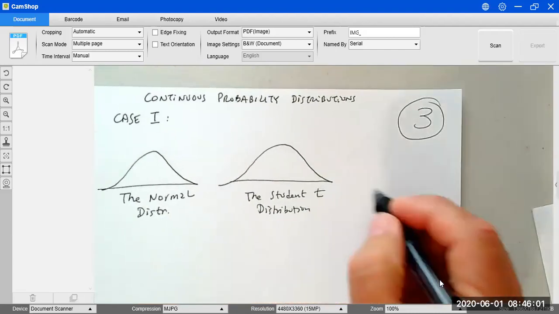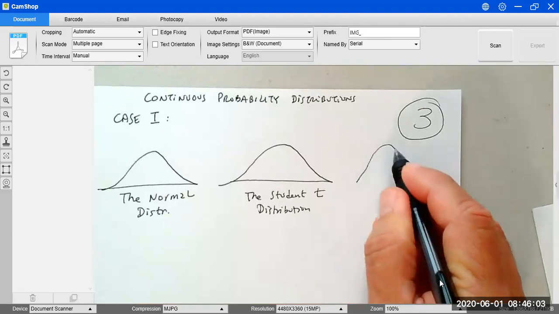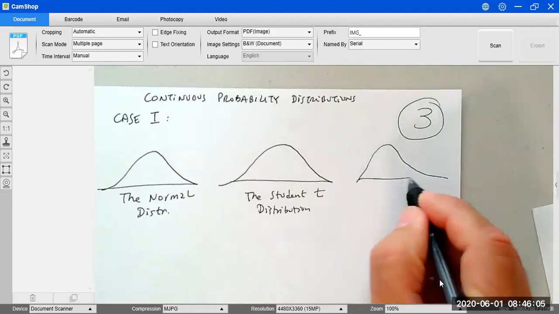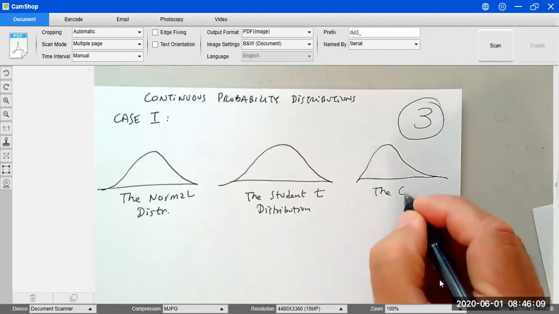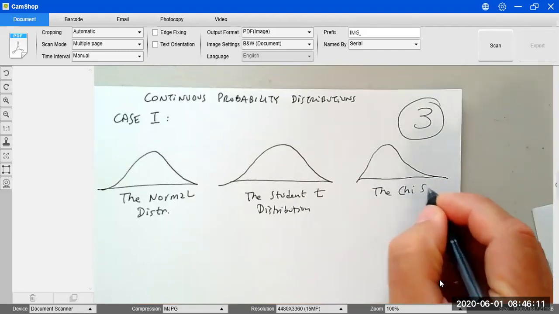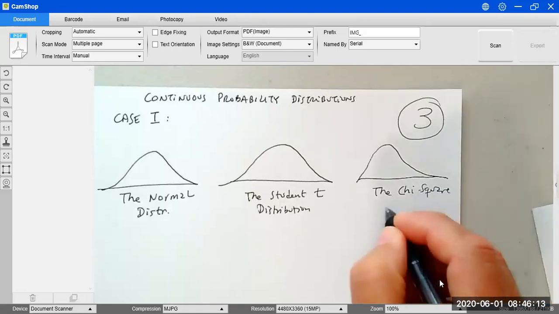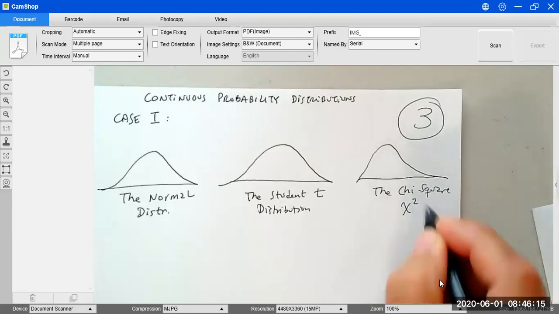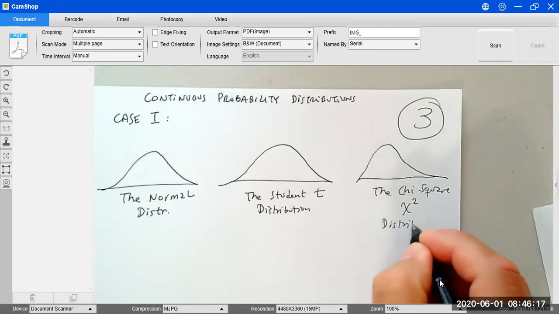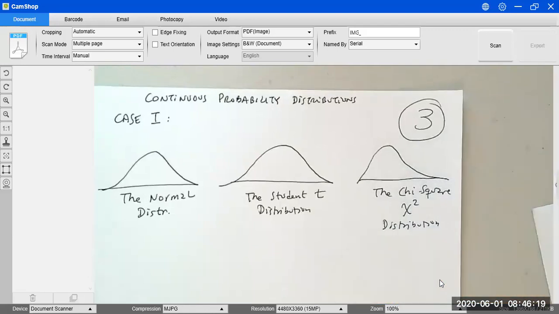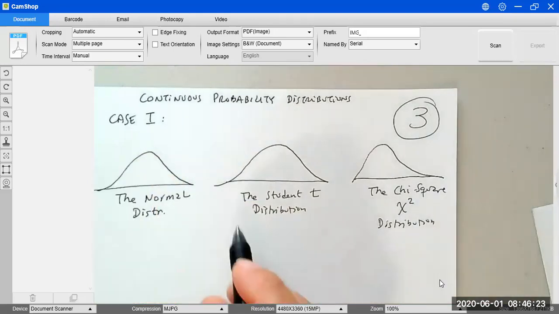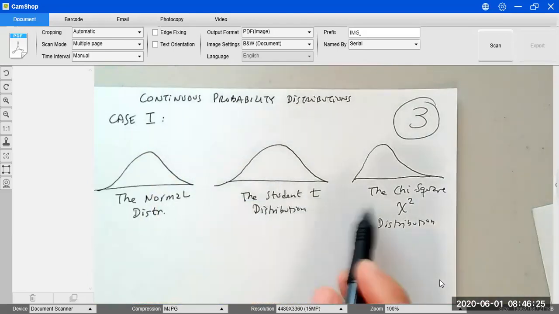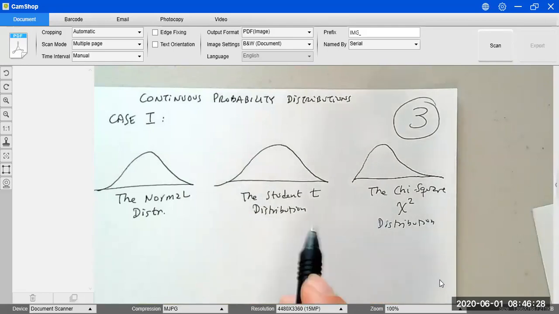And then we have a non-symmetric curve, something like this, and this is going to be the chi-square distribution. So our case one is for any continuous probability distribution, and there are more. These are only 3 examples that we're going to use very often in this semester, but there are more.